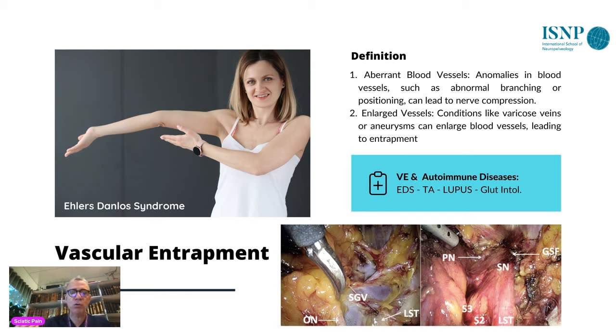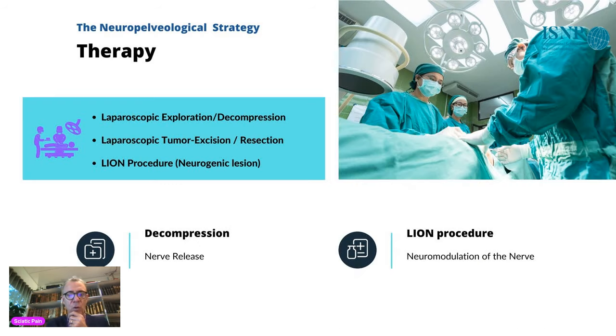But maybe you have another autoimmune disease like lupus, thyroiditis, Hashimoto, gluten intolerance. And all these autoimmune diseases are risk factors for anomalies of the pelvic vessels that may induce a vascular entrapment. That is knowledge we won over the last few years in neuropelveology.